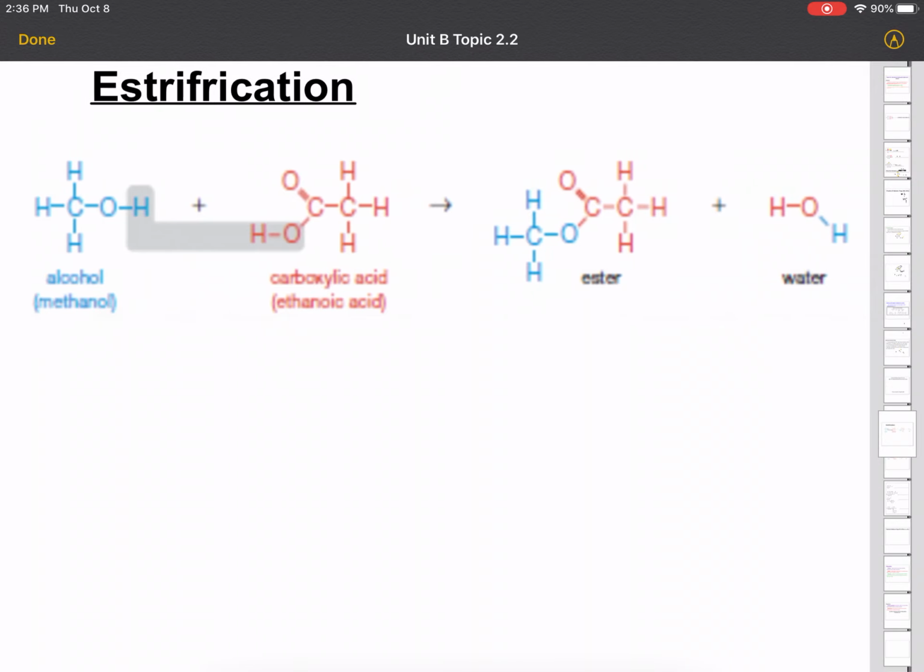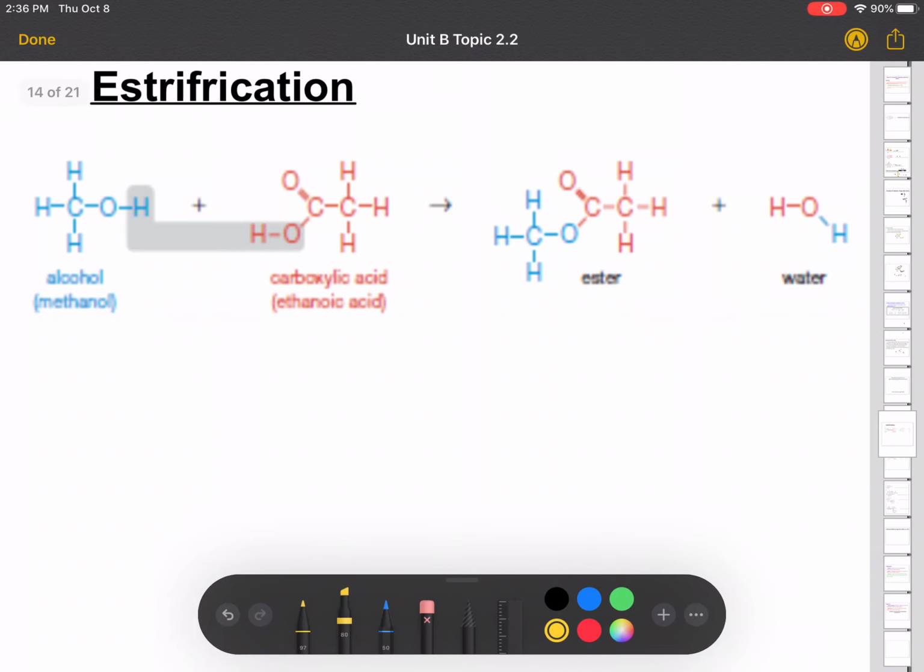So this process of creating an ester is known as esterification. You take an alcohol, they're giving you the example here. So we've got an alcohol and a carboxylic acid, and these highlighted parts are the part that's basically going to connect.